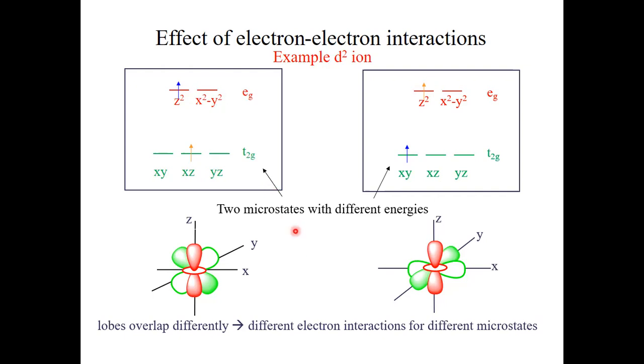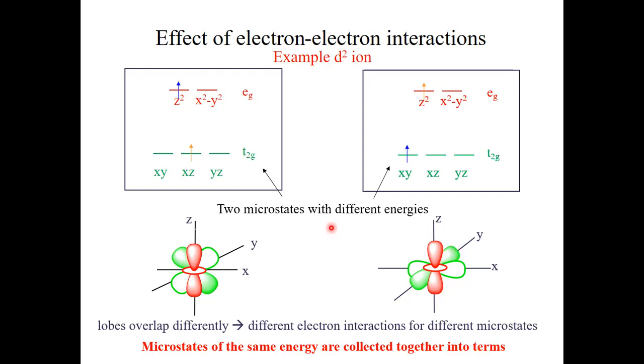Basically, we would need to know the energies of all the different microstates, and then group all the microstates that have the same energy together. Such a group of microstates having the same energy is called a term. So if we just knew all the terms, we would have knowledge about all the possible electron transitions between these terms, and that in turn would allow us to understand the electronic spectra.